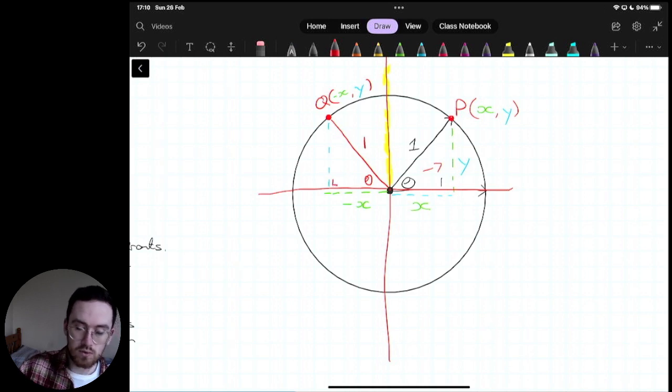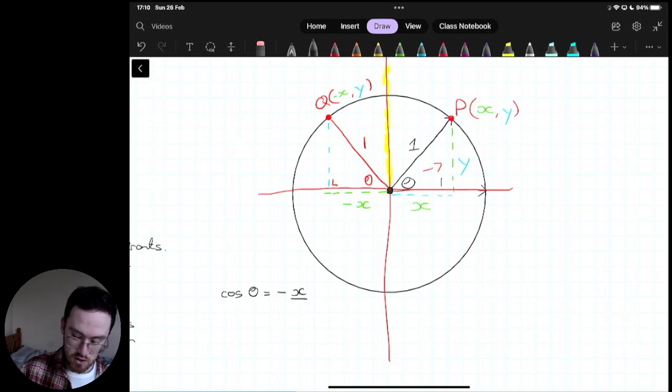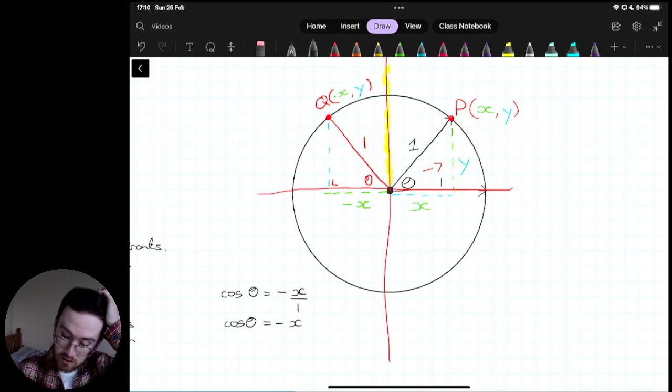We already know that our radius is still 1 because it's still the unit circle. So if I was to try and get cosine, for example, cosine theta is my adjacent side over my hypotenuse. My adjacent side now is -x over 1. So my cosine theta is going to be -x, which is a negative value. Okay, so cosine is negative.